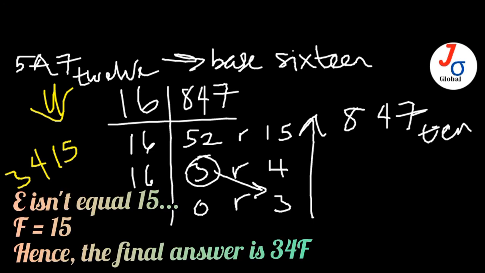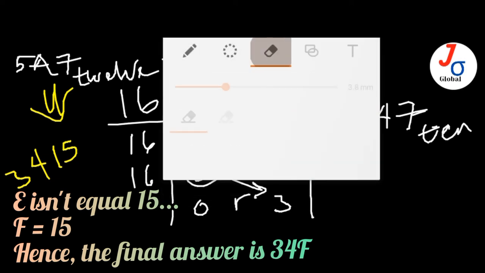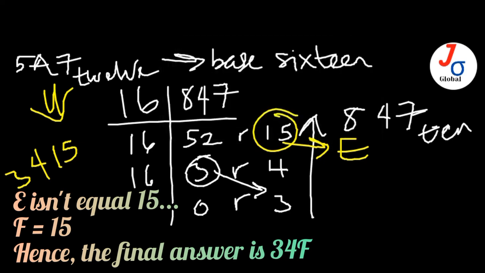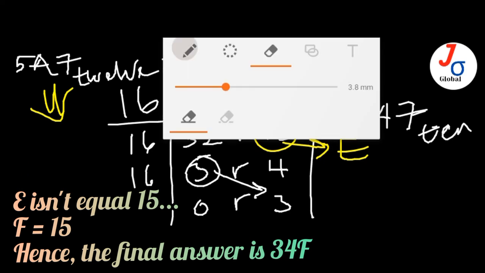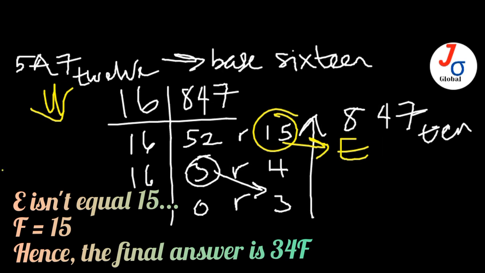So we're going to erase that and turn this to F. So basically what I have is 3, 4, F base 16.